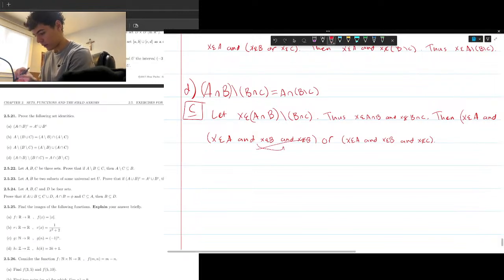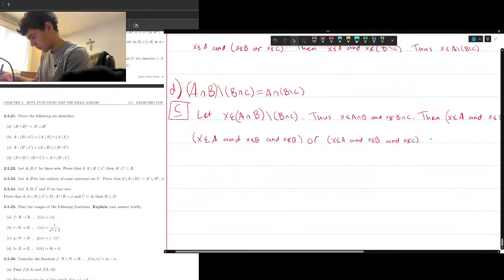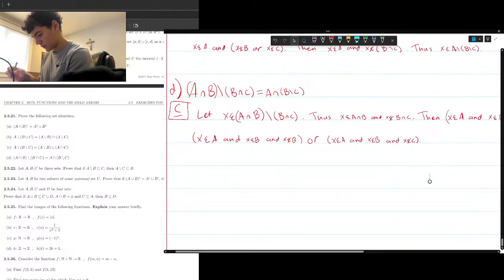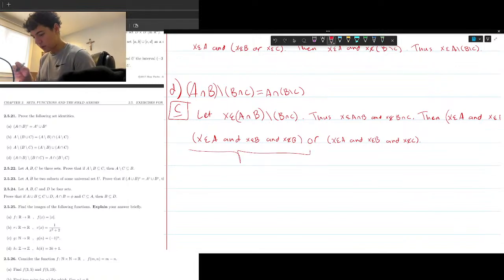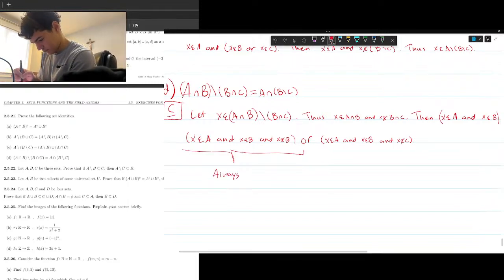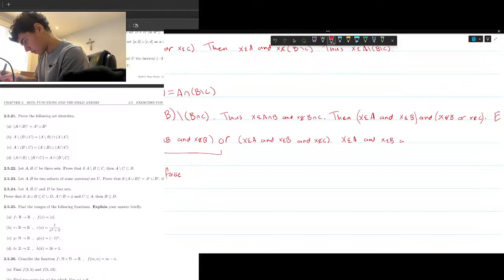This whole statement here is never going to be true. Contradiction. So this whole thing is just false. It's always going to be false. Oh, guys, I understand now. So the statement just becomes X in A and X in B and X not in C.